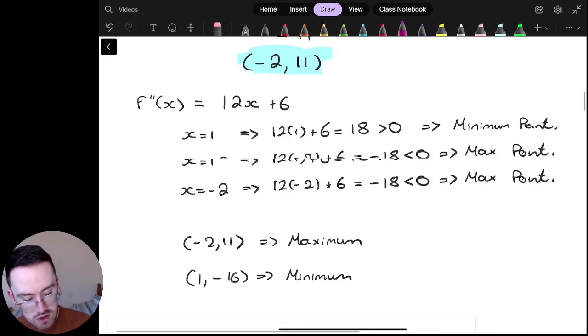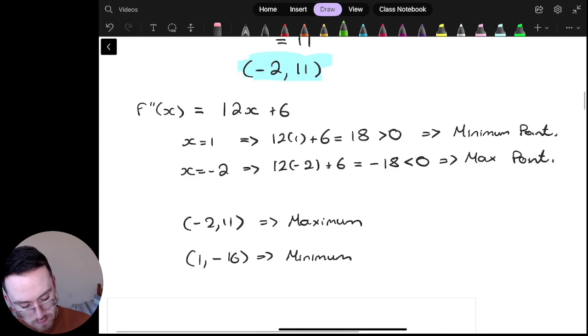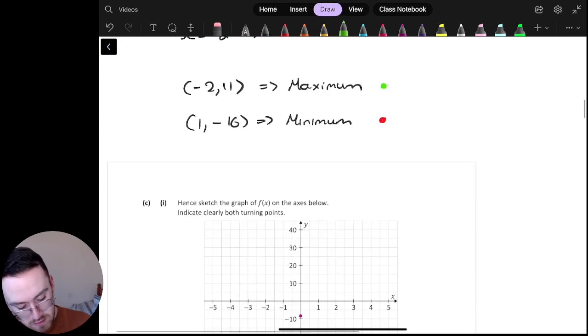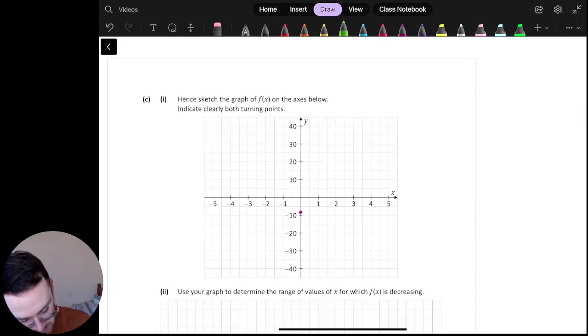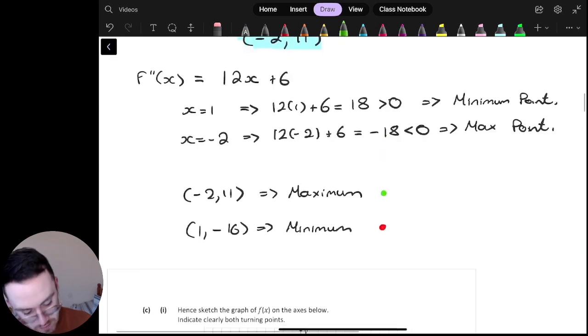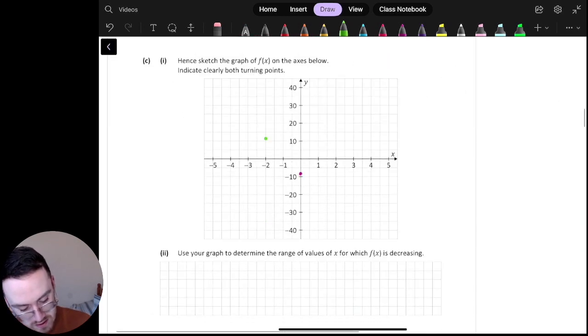What other points do we know? We know our maximum and our minimum points. So I can color them in here just so we can mark them off easily. My maximum is going to be at minus 2, 11, which is going to be here. And my other point is 1, minus 16, again, it's going to be around about here.